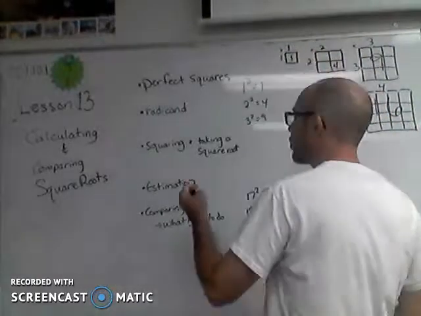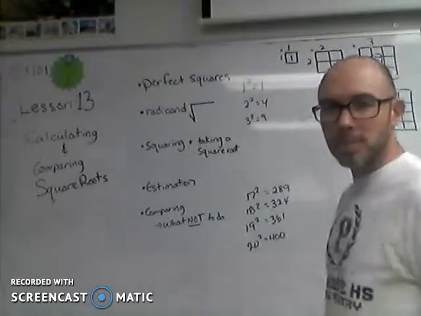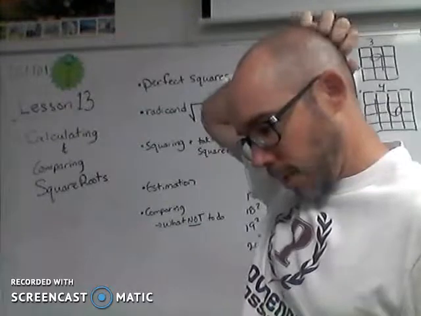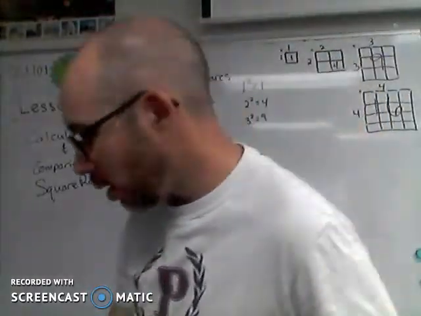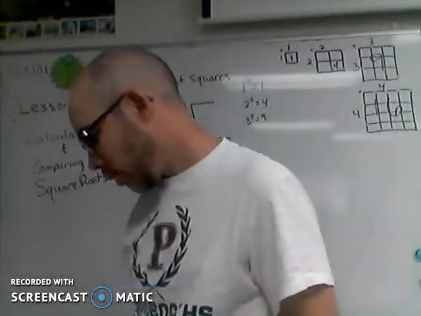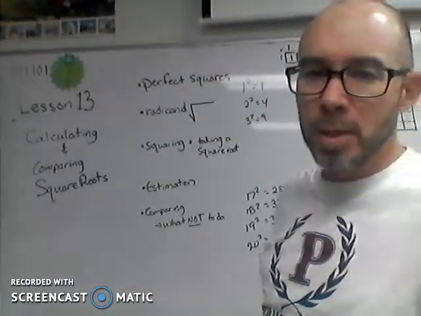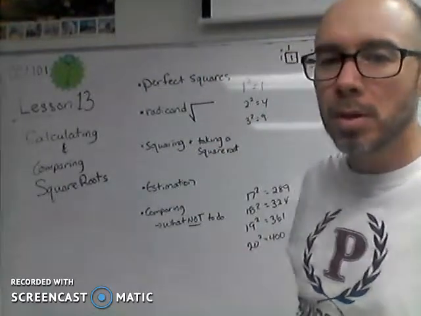Next thing is radicand. The radical is that funny check mark symbol, and underneath it is where the root thing goes. The radicand is the number or the expression that's underneath the radical symbol.